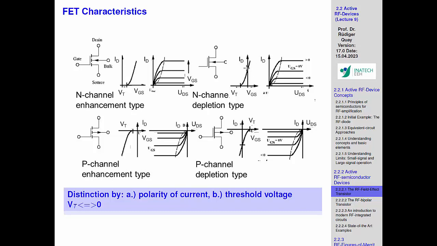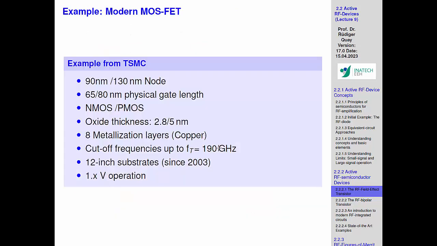We normally don't like that because the P channel is not so good in mobility, first of all, and also in carrier density. But you can do the same thing with the P-channel enhancement type, and if you combine that with an N-channel enhancement type, you actually get fully complementary logic. That is what CMOS does. And then there's the depletion type for P-channel, which has mainly only disadvantages. Hope this is clear.